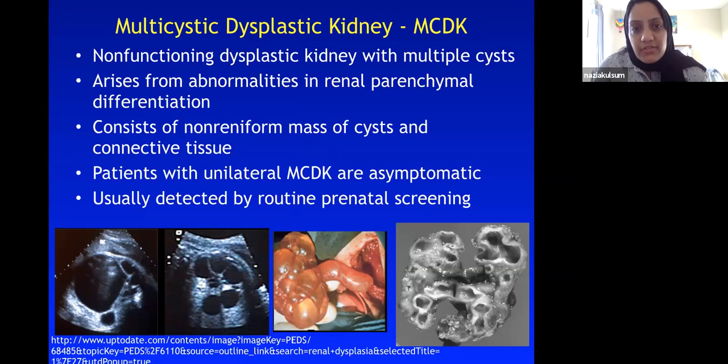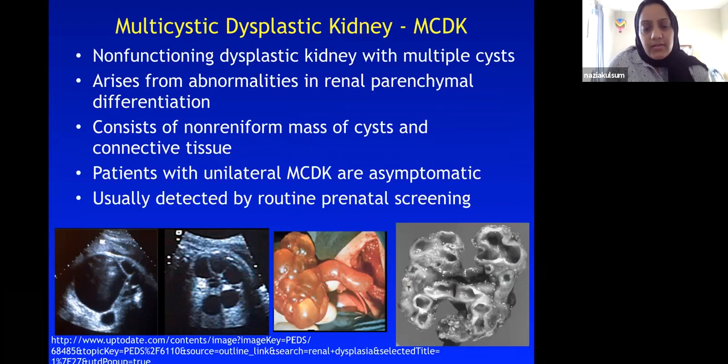So most of the kidney is just replaced with non-reniform structures, cells, connective tissue. They will appear like large cysts. Most commonly tends to be unilateral, and for some reason, mostly on the left side more compared to right. Again, detected on prenatal routine scan, and of course confirmed postnatally.